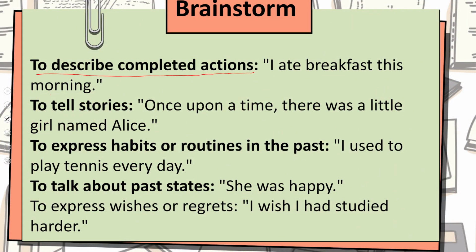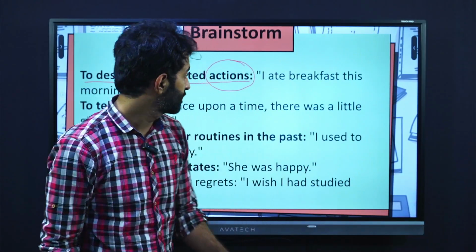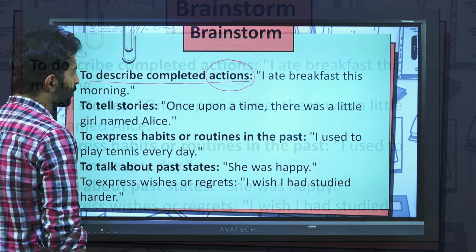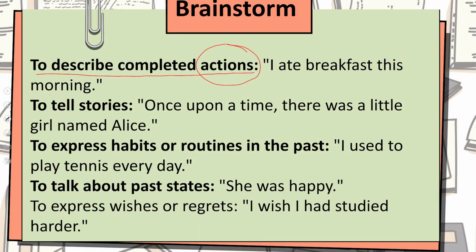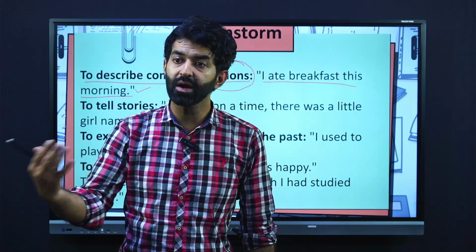जो actions complete हो चुके हैं हमने उनको बताना होता है, तो this is why we use our past tense. Let's see. Here is an example. I ate breakfast this morning. सुबह की बात है, सुबह गुजर चुकी, अब you are in the afternoon, you are in the evening or at night, midnight.